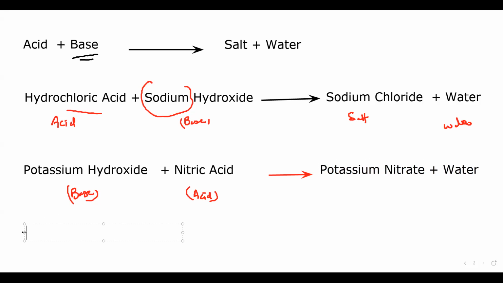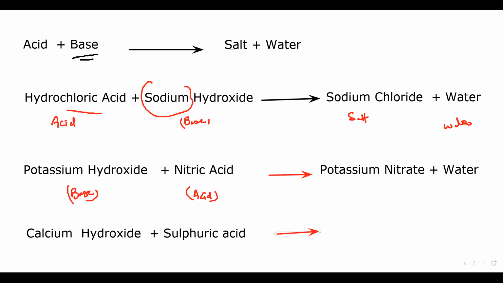Same way, if we have calcium hydroxide plus sulfuric acid. So calcium hydroxide is reacting with the sulfuric acid. What will be the salt formed? The first name of the salt is from the metal and the second name is from the acid.